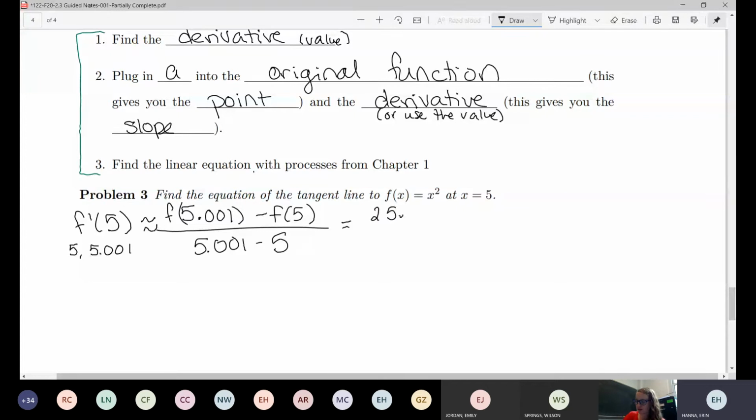Take as many decimal places as possible. I'm missing a 0 right there. Let me rewrite that.